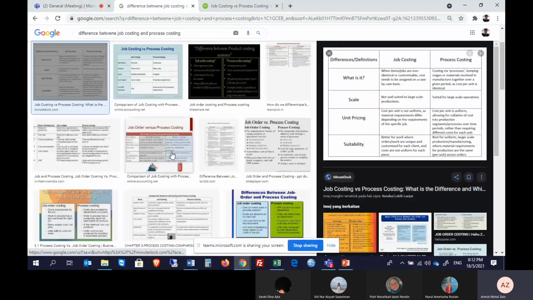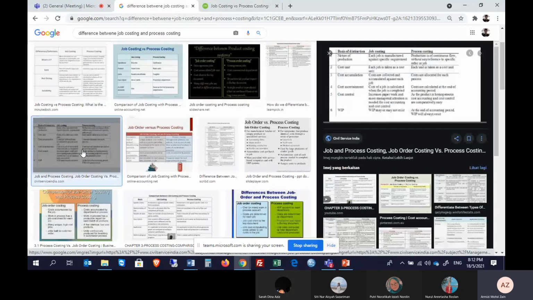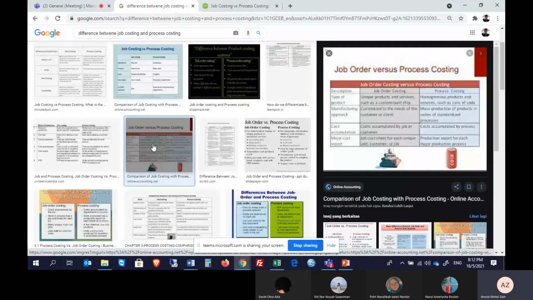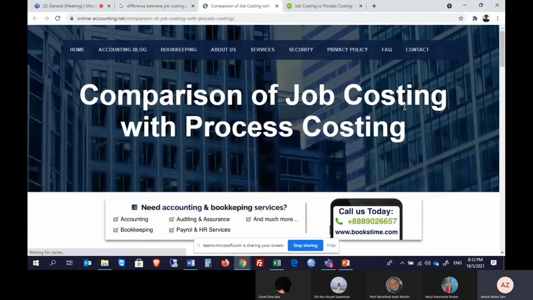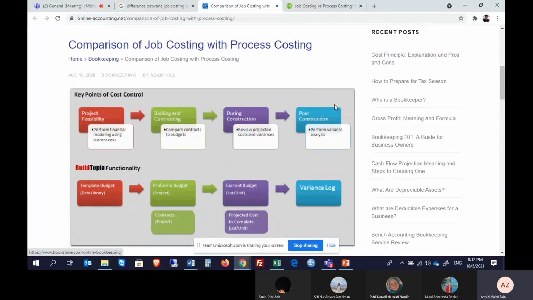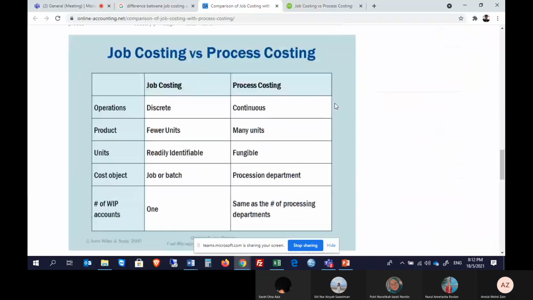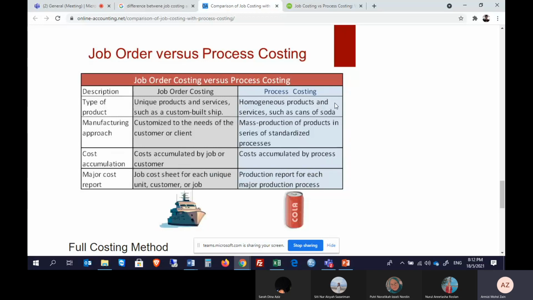And then we do have a lot of differences here. You can check on your own by using Mr. Google. Okay, another example is like this, another example of the comparison between job costing and process costing. Description: job order costing versus process costing. Type of product: unique products and services such as a custom-built ship.